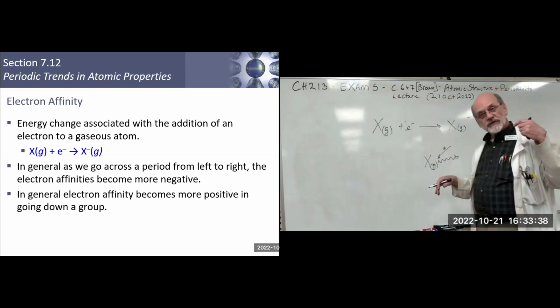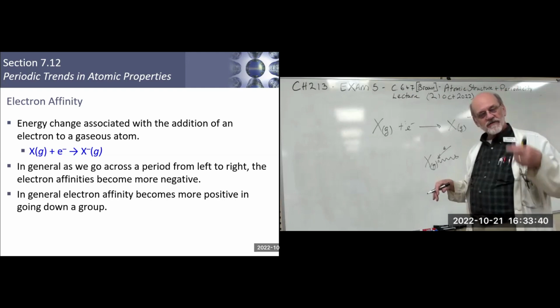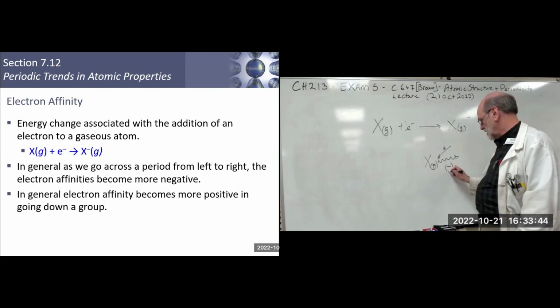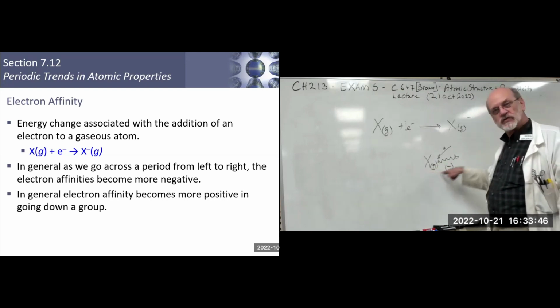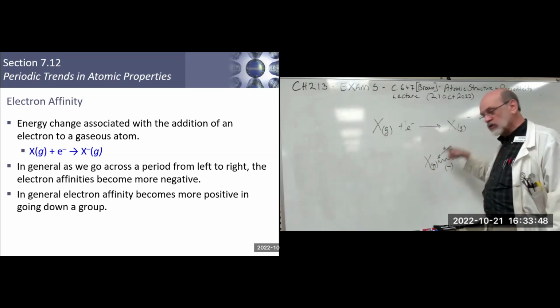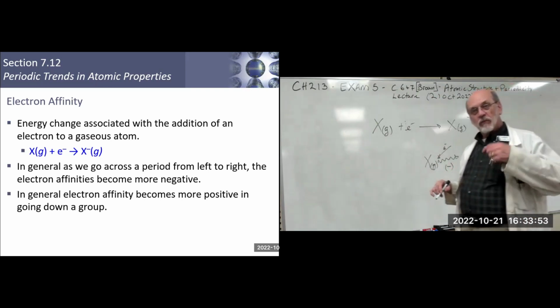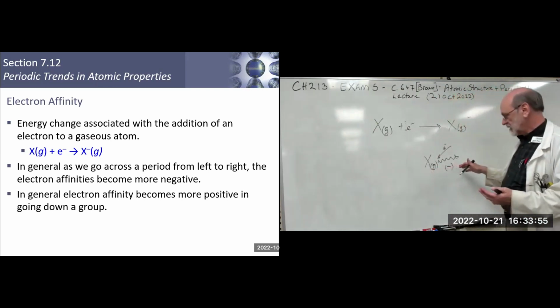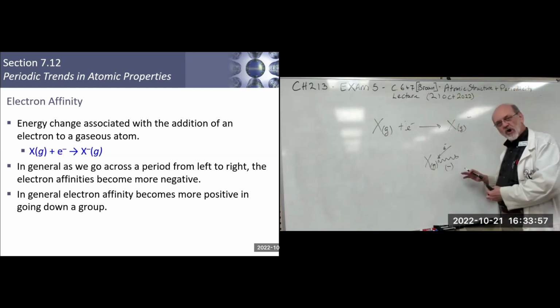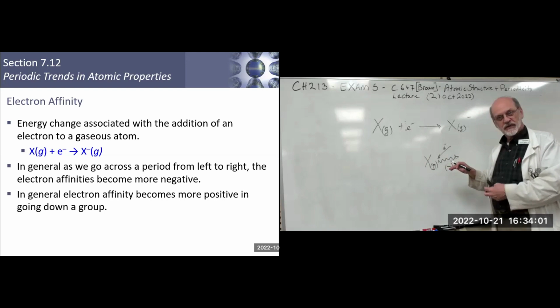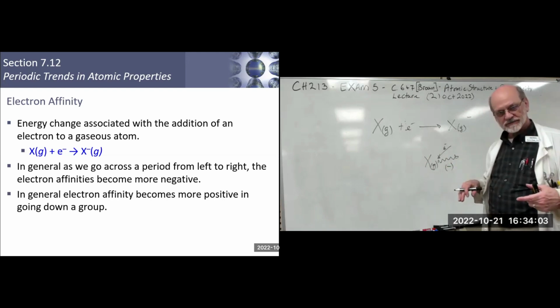So the sign on the value is going to be negative, because our system is losing energy in order to acquire that electron. So the more negative the number, the stronger the attraction of the atom for the electron. The more negative, the stronger.